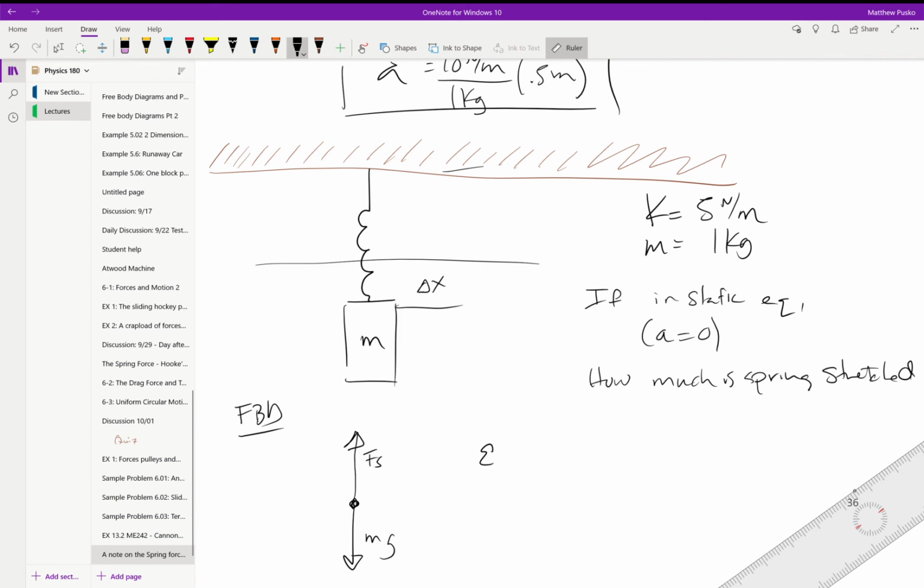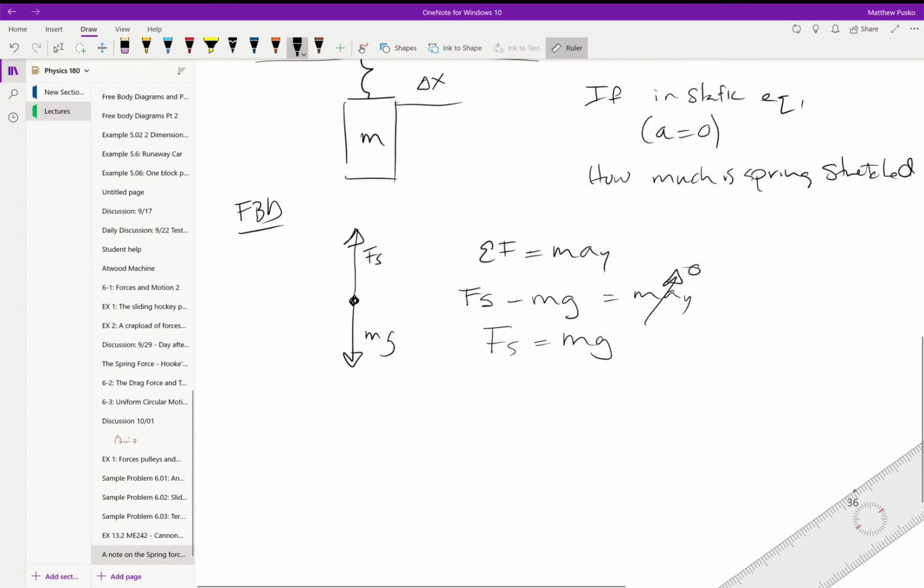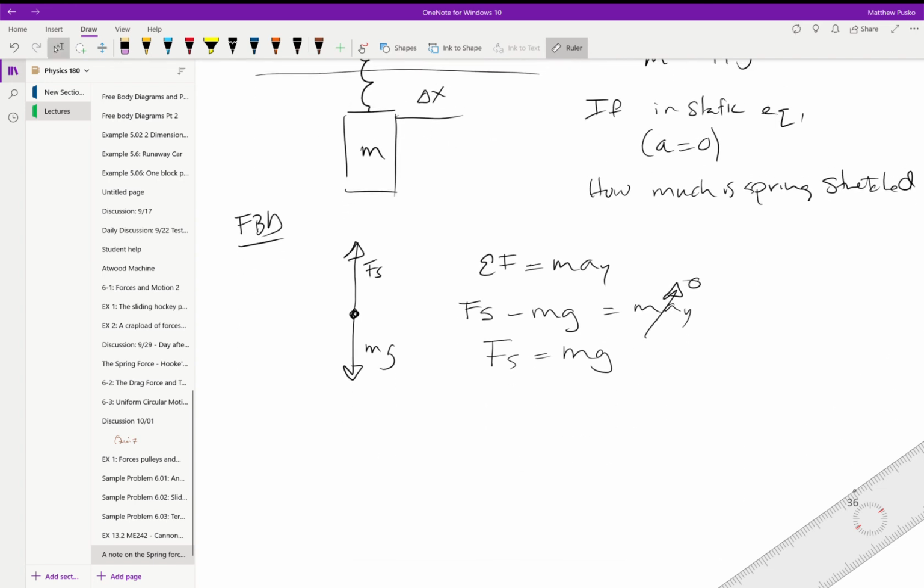Now we could say the summation of the forces is equal to the mass times the acceleration in the y direction. We just have a spring force and mg. If it's in static equilibrium, that goes to 0, so the spring force is equal to mass times gravity.